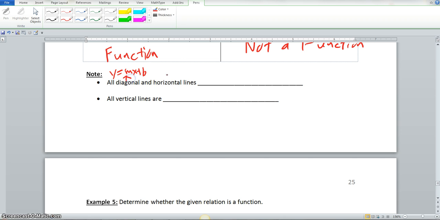And then your horizontal lines are y is equal to a number, which we all learned earlier. Okay, so they are functions. Now, all vertical lines, we know that that's x is equal to a number. And they are not functions.